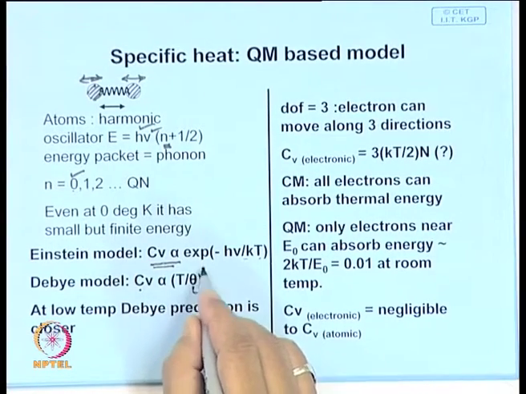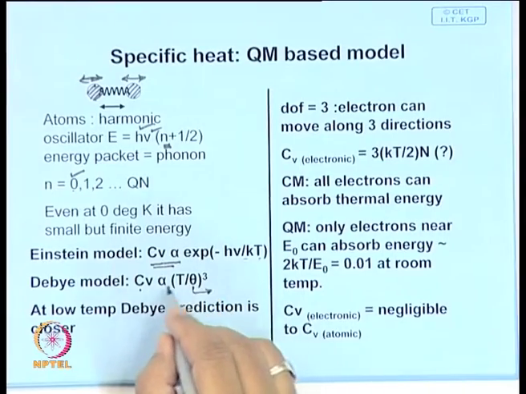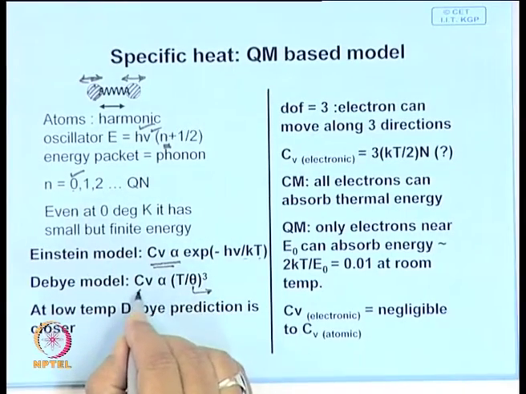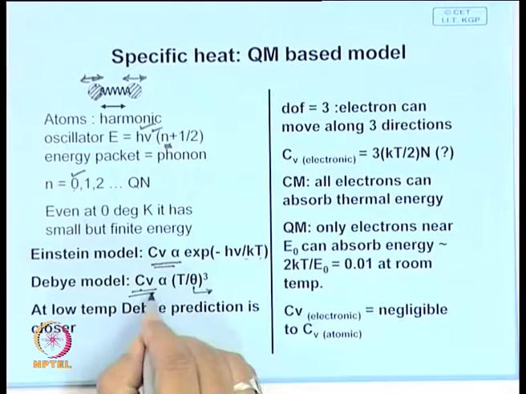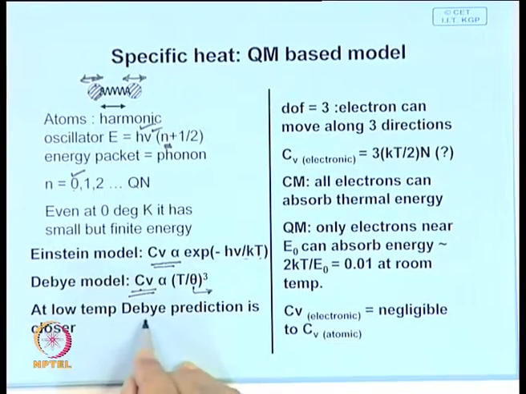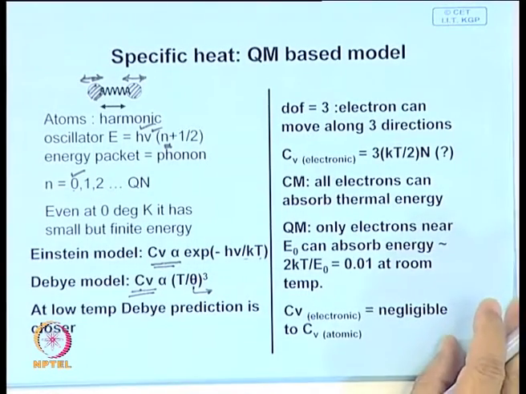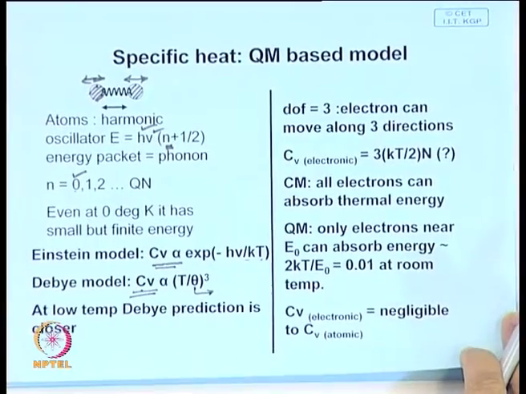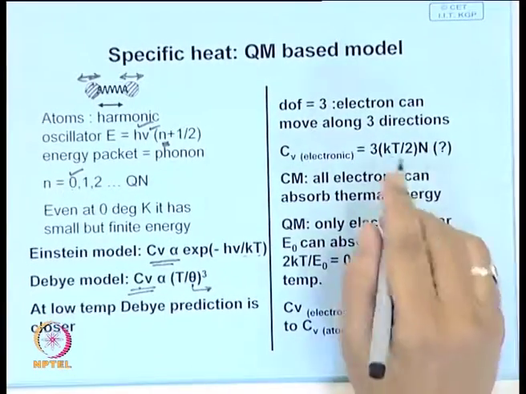Above this characteristic temperature, the molar specific heat obtained from classical mechanics and quantum mechanics are the same. And at low temperature, the Debye prediction is closer to the experimentally determined values. And this, I think, we went through.